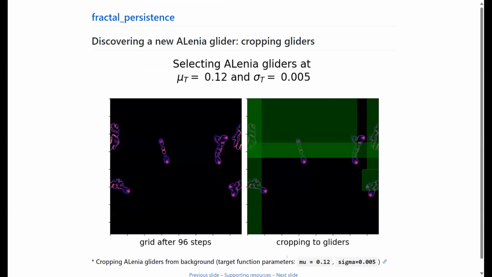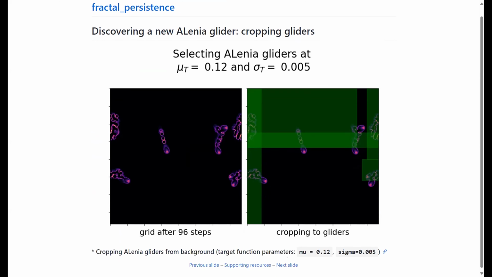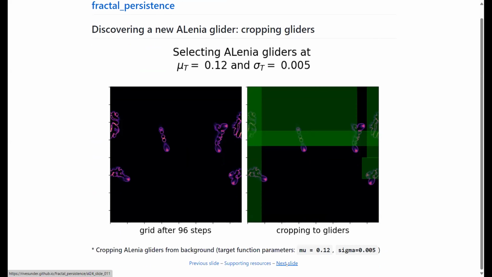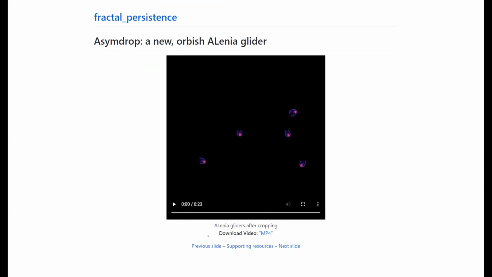Okay, so there are these moving tips of the growth in the grid, and I'll just crop those out from the background. The green space here are the parts that I set to 0. And then if we just run the simulation for a while, the glider does the rest of it. It pulls itself together with the sharp edges that have been cropped out. And we also have some nice glider collisions in this one.